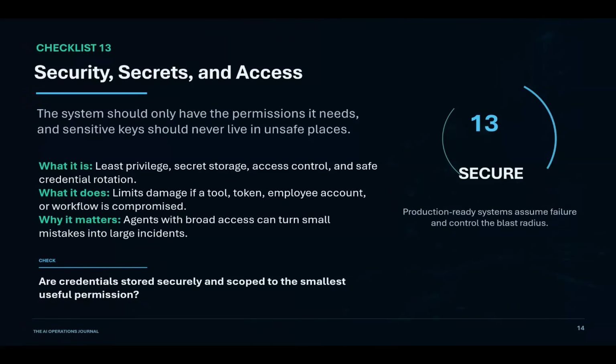Number 13, security, secrets, and access management. Any system should only have the permissions it needs, and sensitive keys should never live in an unsafe place. So for example, let's say you have an AI agent that connects to your Stripe account. Most likely you don't want the AI agent to transfer funds or do those sensitive operations, right?